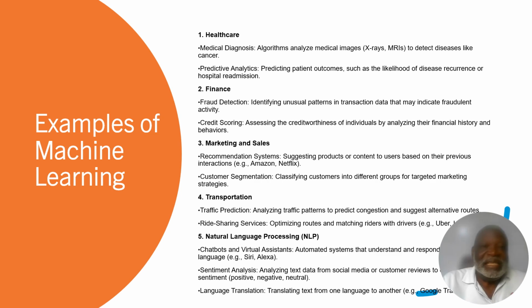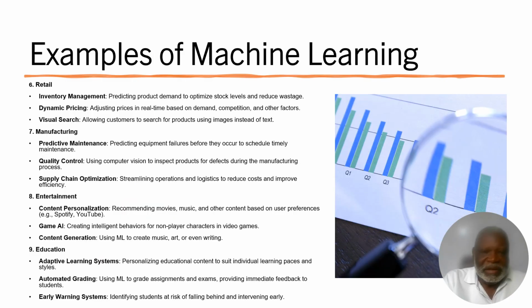When languages are translated to different languages, again, that is artificial intelligence. We have examples in retail, in manufacturing, quality control, supply chain, and in entertainment, content personalization, where you have YouTube and Spotify, almost like a recommendation system. These are all artificial intelligence.